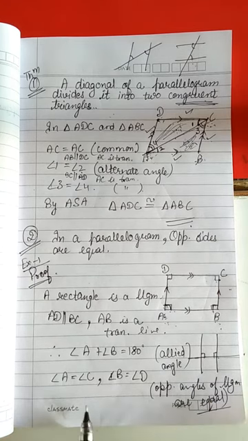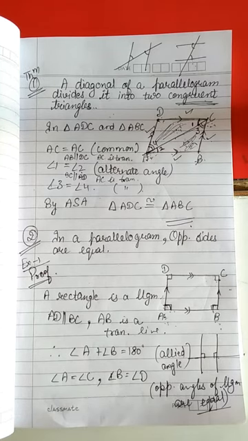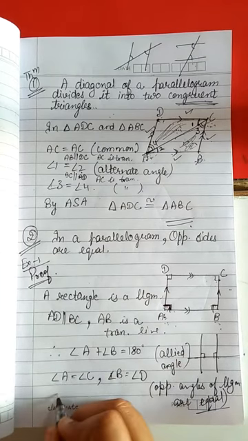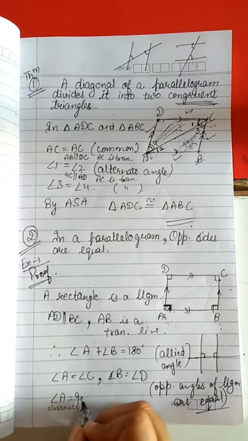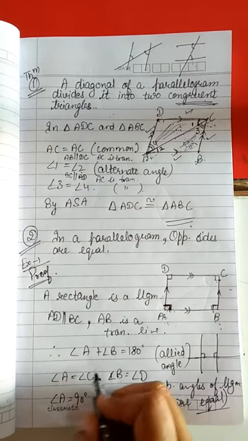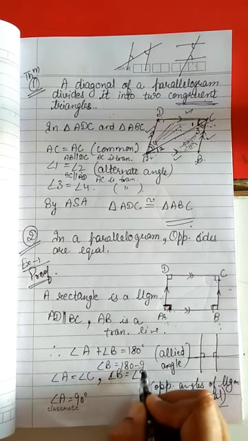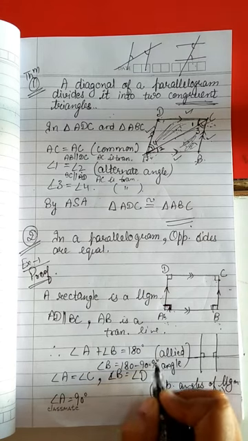Okay, so now also we know that in a rectangle one angle is a right angle. So let us take angle A is 90 degree. Therefore angle B is equal to 180 minus 90, which is 90 degree.